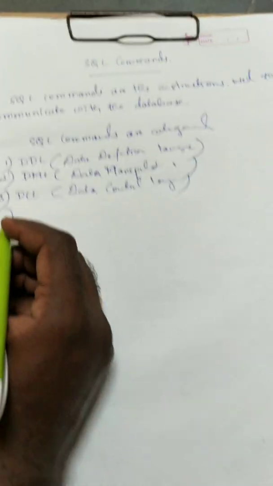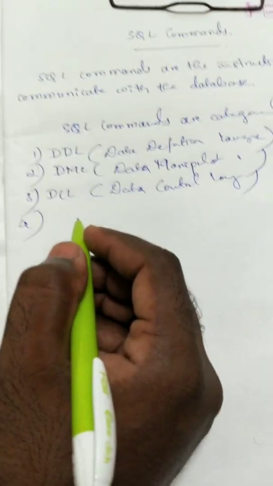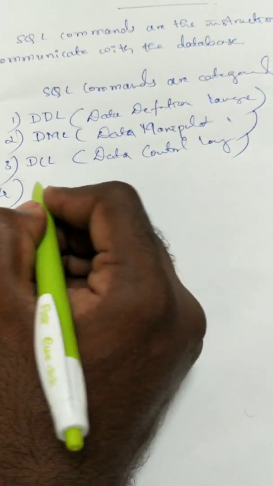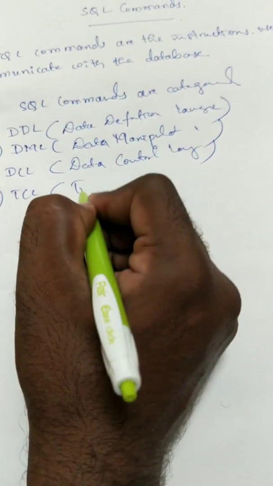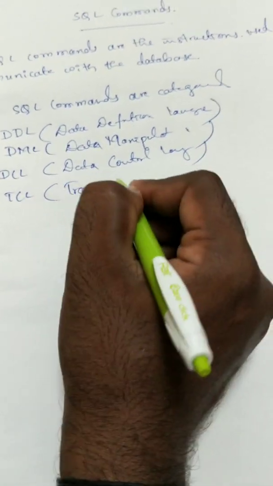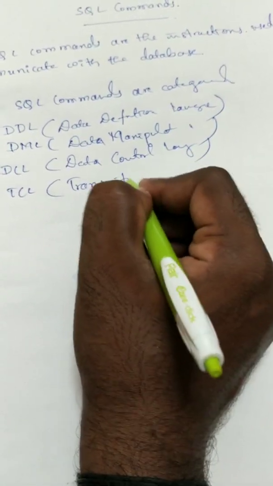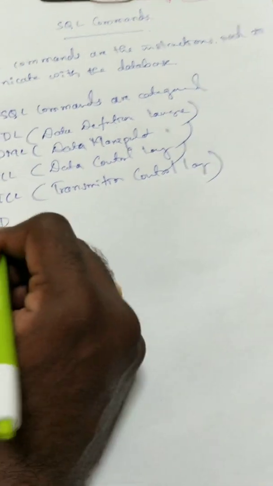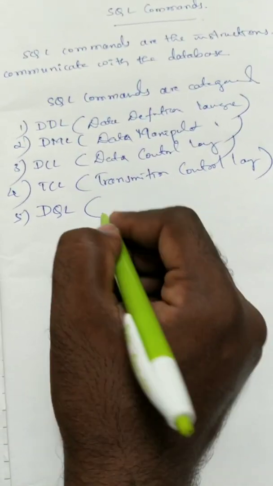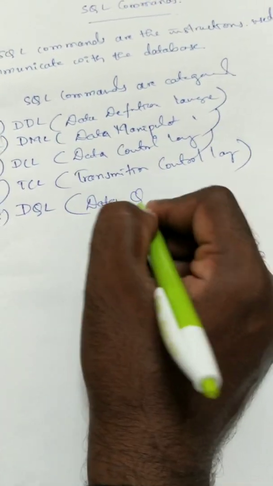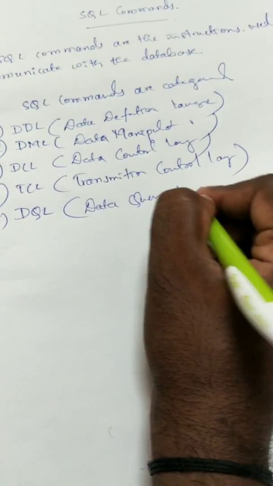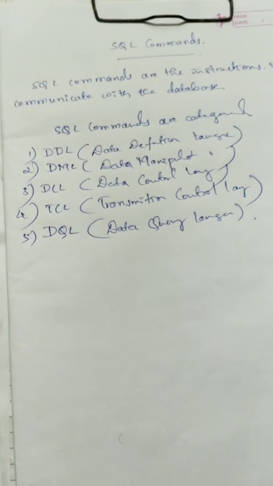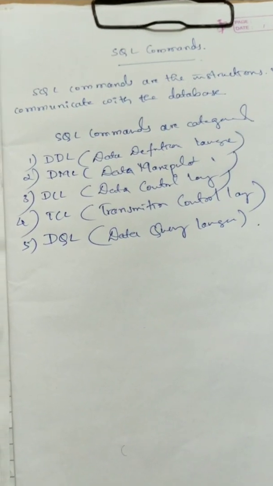The fourth one is TCL, transaction control language. And the last one is DQL, data query language. Okay, so these are the different categories of SQL commands we have.